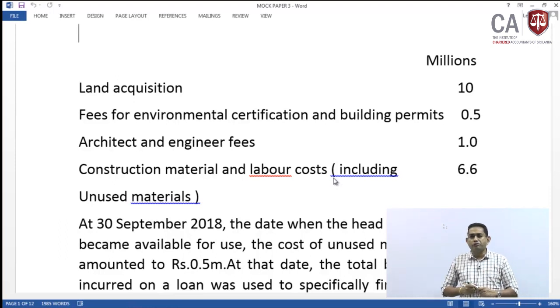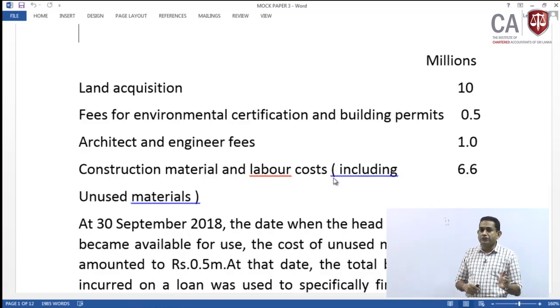Architect and engineer fees. Before the construction of physical work, you need to have the plan, you need to get it drawn by an architect, and that has cost the company 1 million rupees, a directly attributable cost. Why? If not for the construction, this cost would not arise.